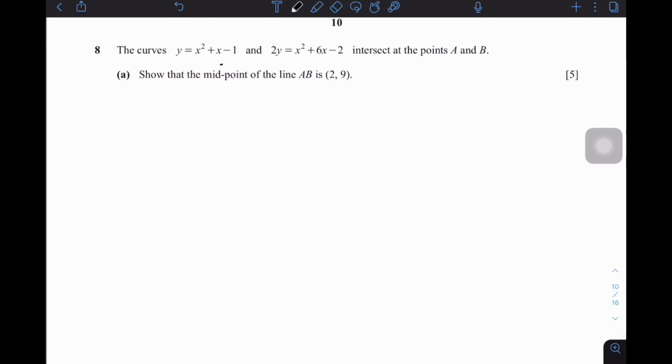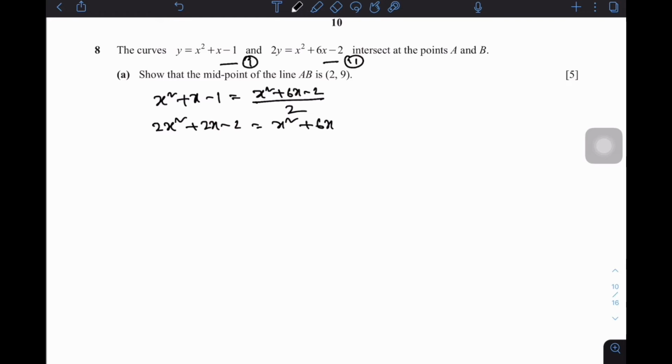Let me consider this equation number 1 and this equation number 2. So we can write x squared plus x minus 1 equals, this is 2y, that means x squared plus 6x minus 2 divided by 2. Okay, now let me do cross multiplication. 2x squared plus 2x minus 2 equals x squared plus 6x minus 2.